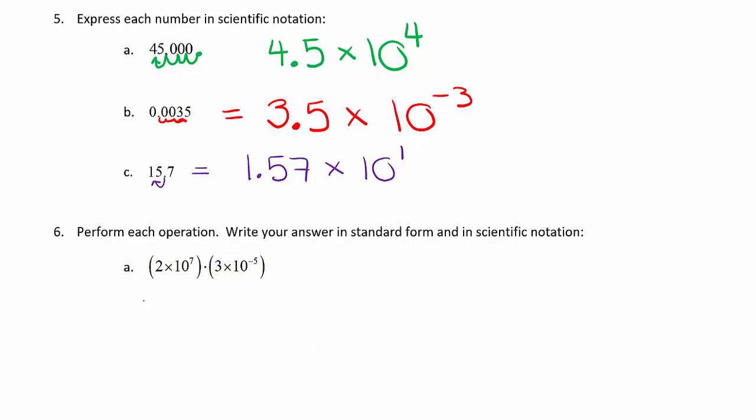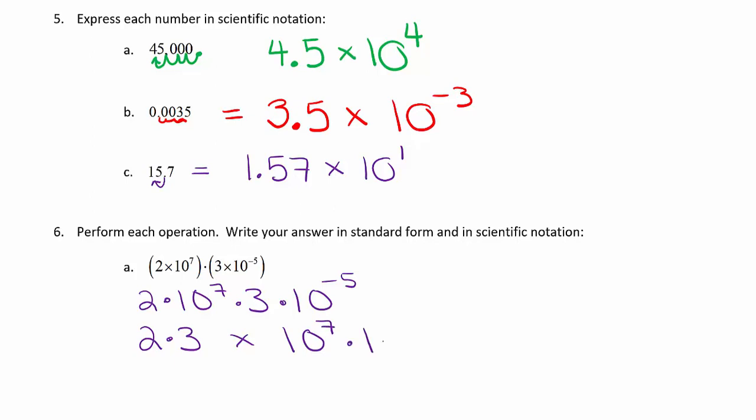Instead, I'm going to use the fact that we are actually multiplying 4 numbers together. And when we multiply, we can do that in any order we want. I can do the 2 and the 3, and then I can do the powers of 10.